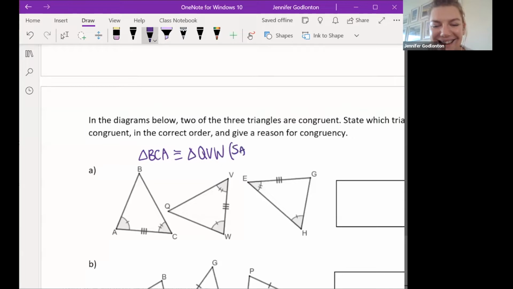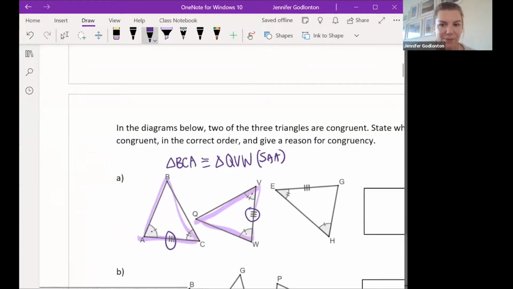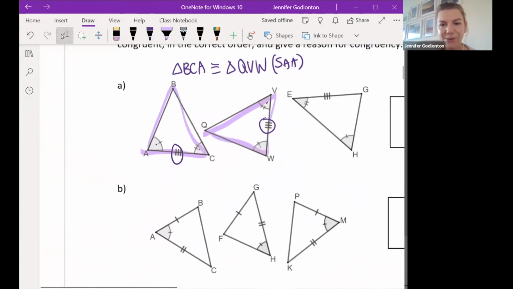Yes, nice, perfect. So we've got our first one. What we could see here is that this triangle over here is congruent to this triangle over here. They have the same side and two corresponding angles that are equal to each other. Nice job.